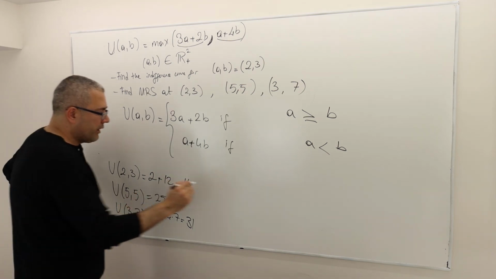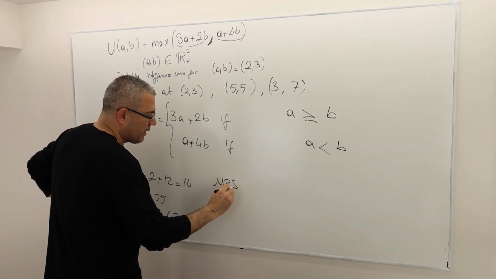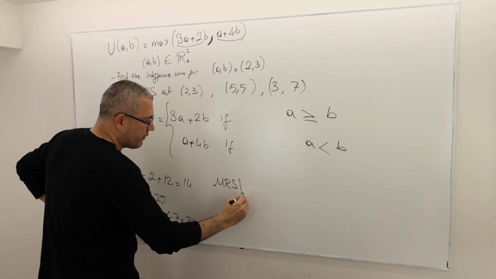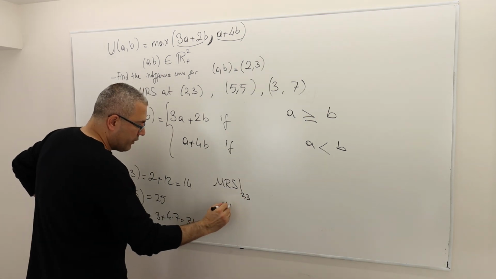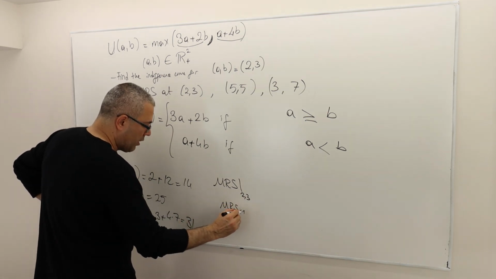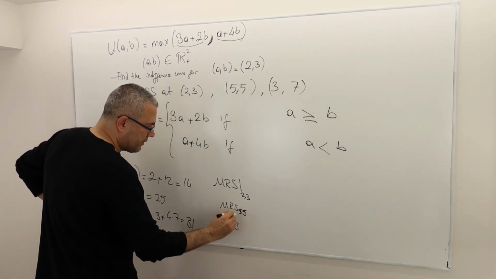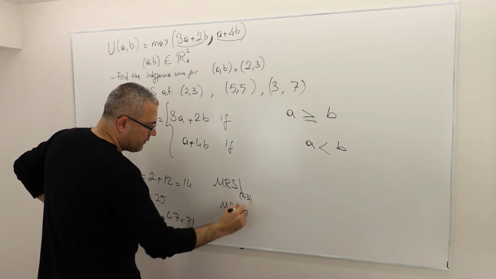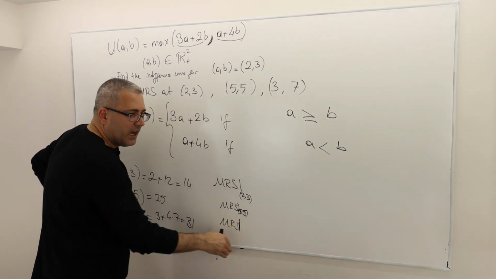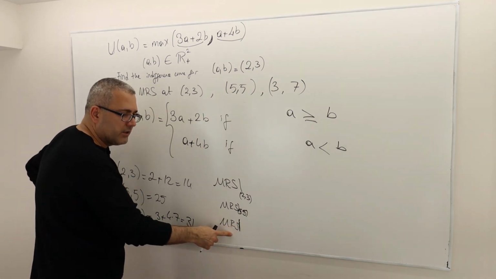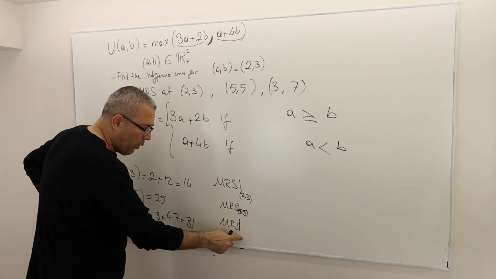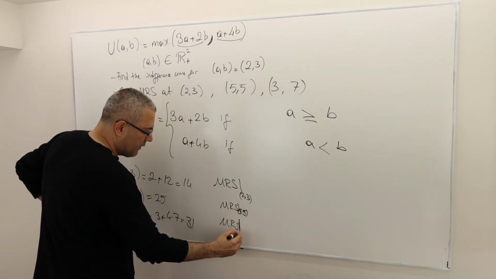What about the marginal rate of substitution? At point 2, 3. What's the marginal rate of substitution at point 5, 5, I'm sorry. And what's the marginal rate of substitution at point, this straight line basically means I am calculating MRS at specific point 3, 7.